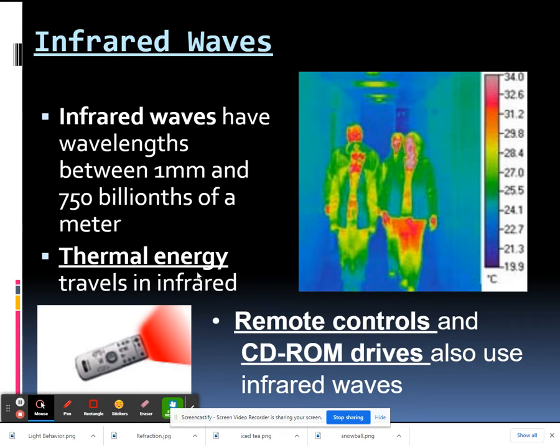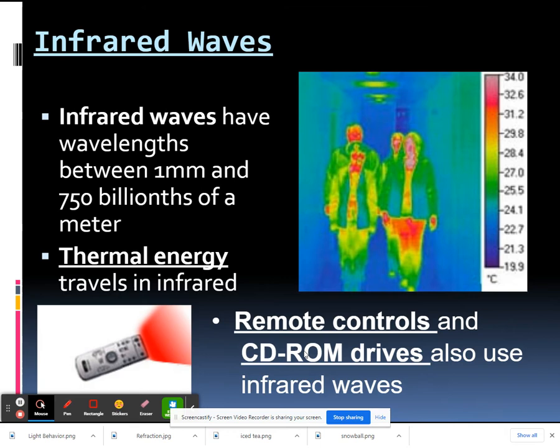A lot of times, if you've seen heat lamps, they have a red hue to them because they overlap with the visible red light, but they're also infrared. So radiant heat transfers in the thermal energy of infrared waves. And also remote controls use a light that seems invisible to us. That's just because we can't see infrared waves, because it's a little bit longer wavelength than we can see.